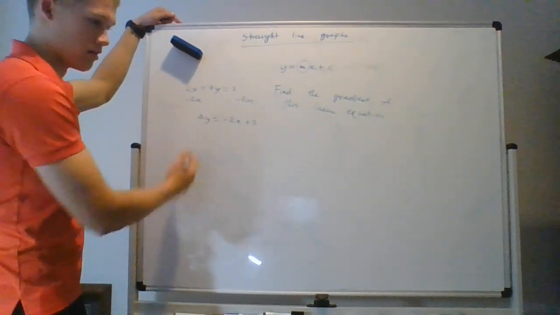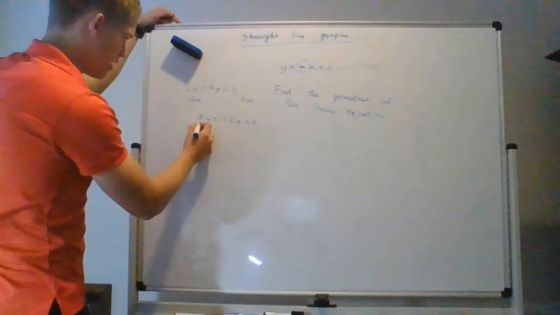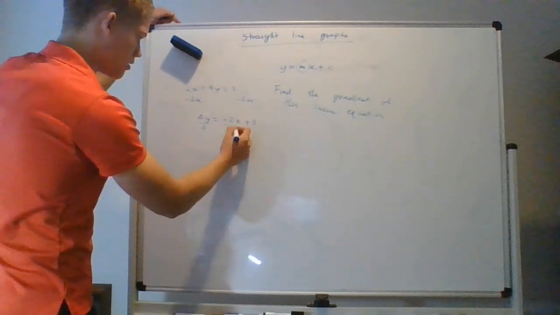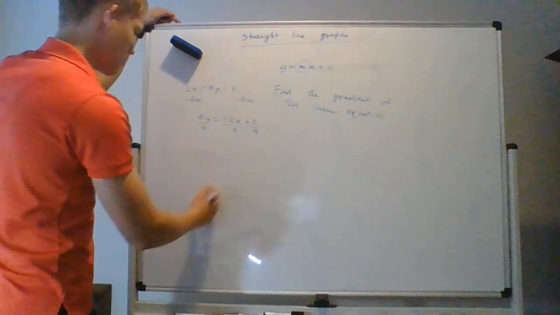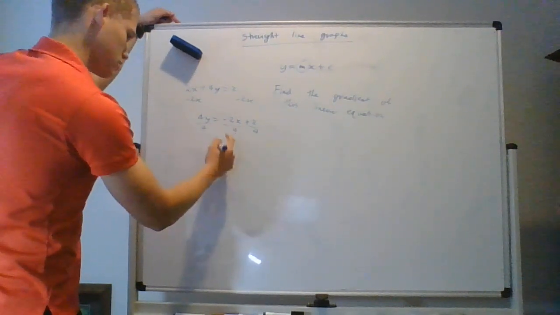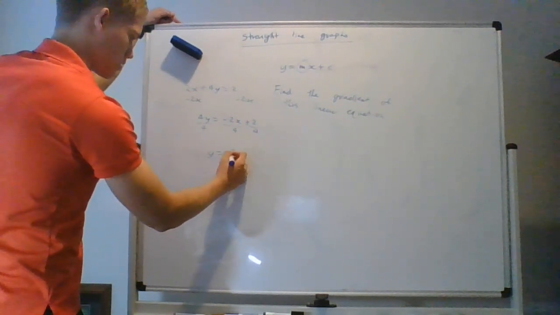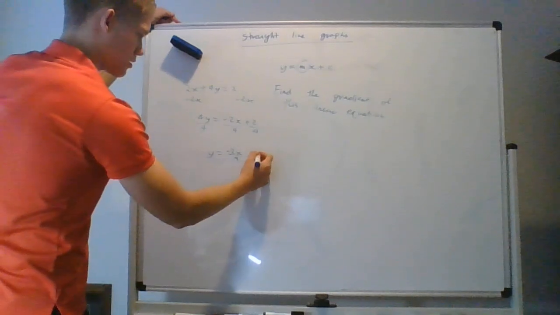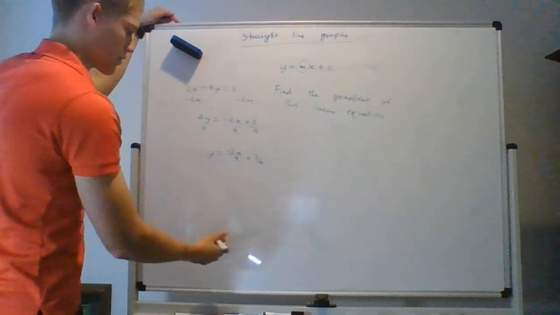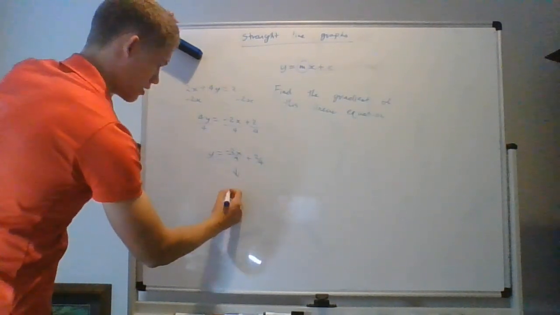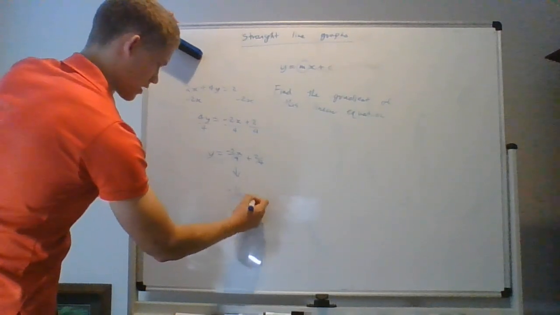In order to do that, I'm going to divide everything by 4. Y equals negative 2x over 4 plus 2 over 4. And that can be simplified down to negative a half x plus a half.